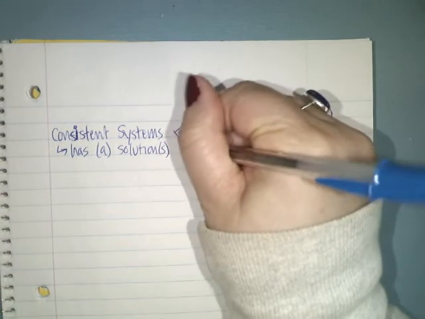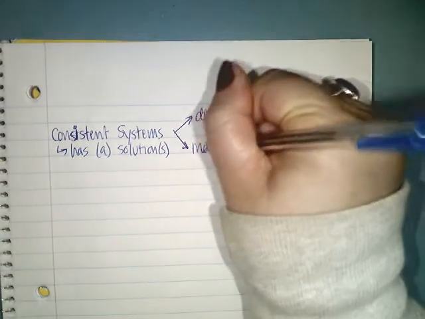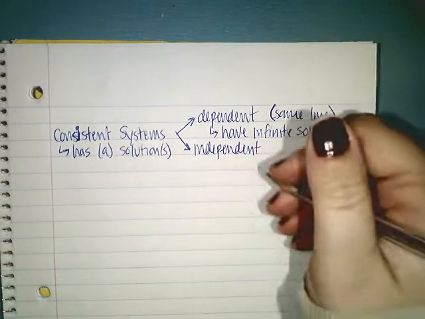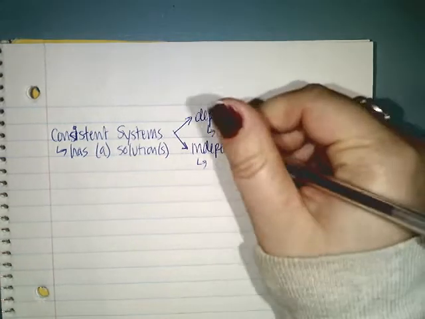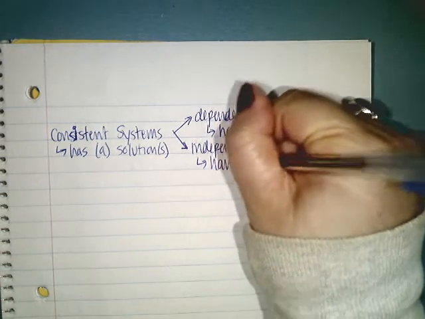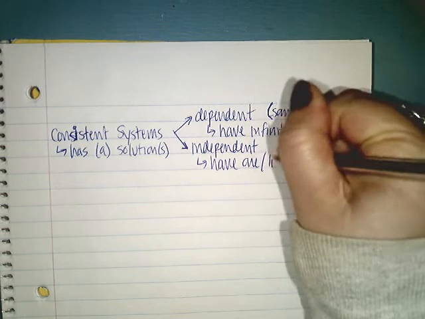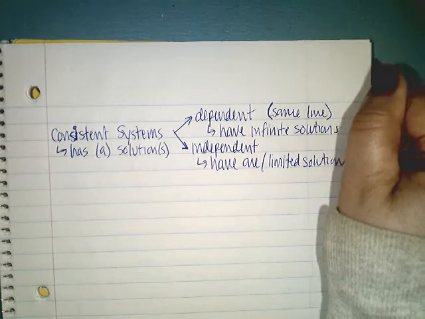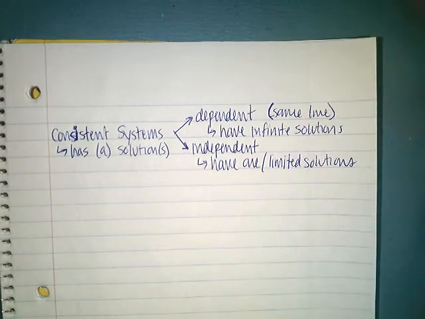You could also have independent systems if there is a solution. So if it is consistent, it can be dependent, which is the same line and has infinite solutions, or it can be independent, which has one or limited solutions. When we're talking about linear systems, it would only have one.